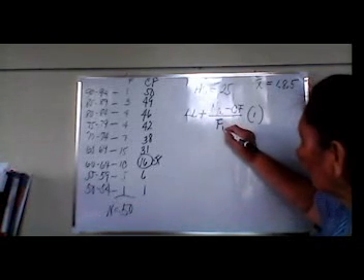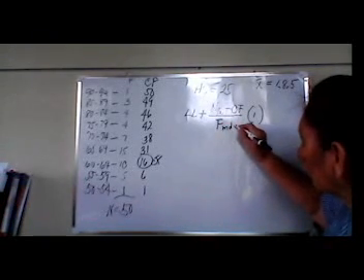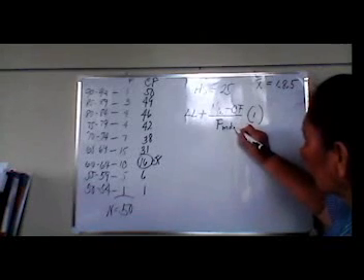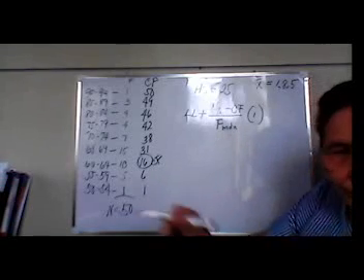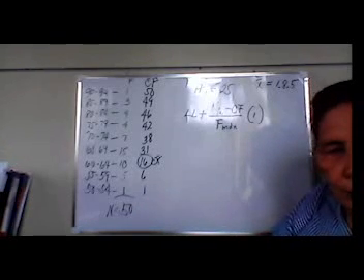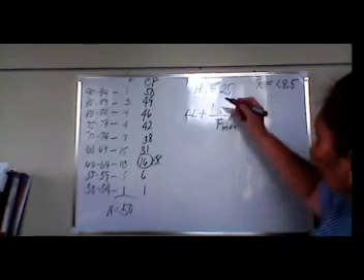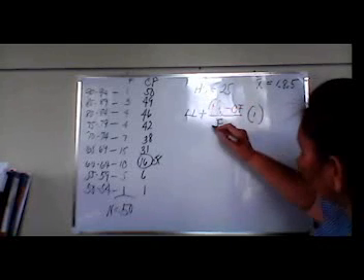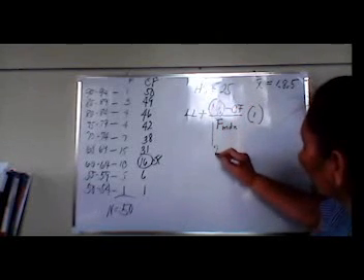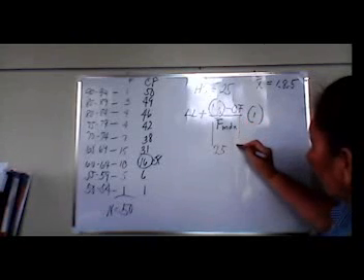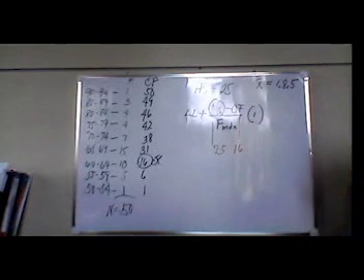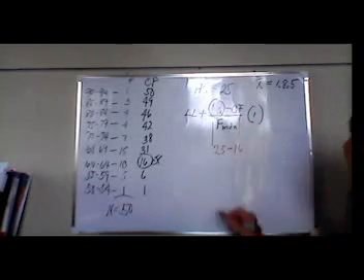Frequency of the median. Let's now solve. We know n over 2 to be 25. We know our cumulative frequency to be 16. The difference of that we have to find.